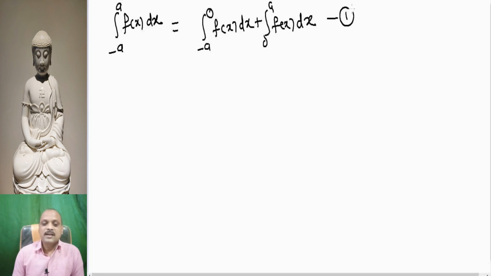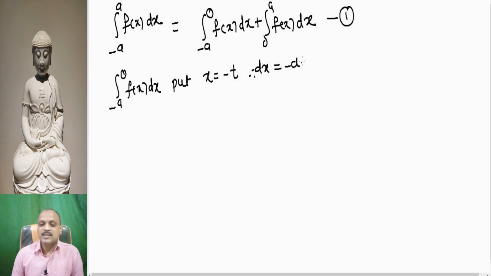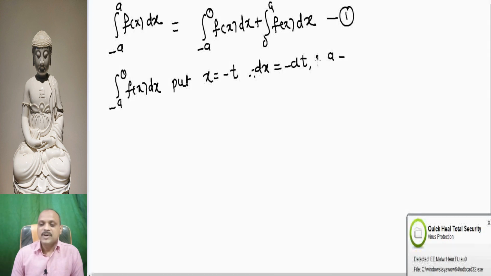Now here, integration minus a to 0 f of x dx. Let us put in this integration x equal to minus t, then dx will be minus dt. When x equal to minus a, then what is t? t will be a.